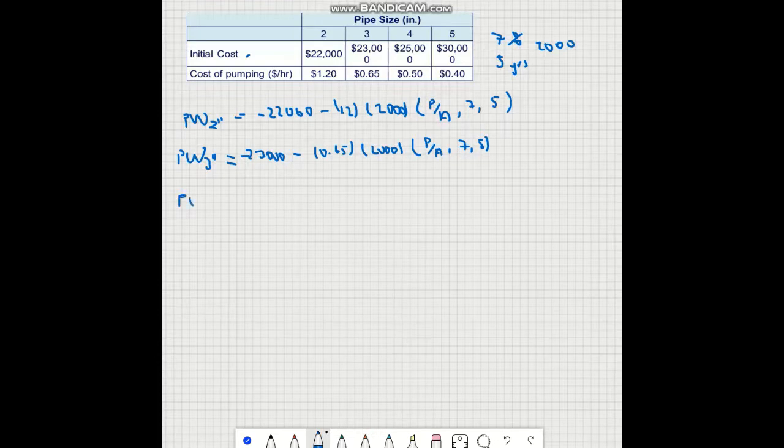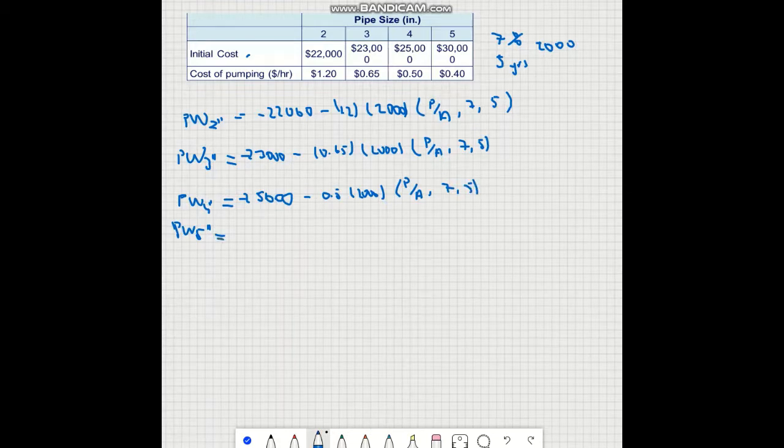Same thing for the present worth of the 4-inch and the 5-inch. Let's write it down: 25,000, again minus 0.5 multiplied by 2000, multiplied by this coefficient we are going to check in the table, or you can write your mathematical formula and find it as well.